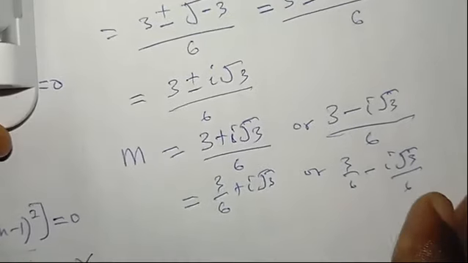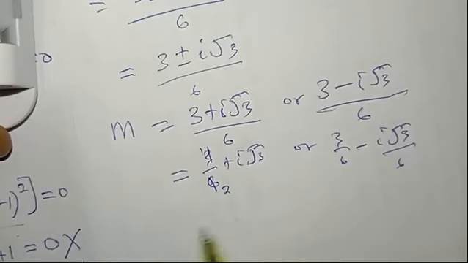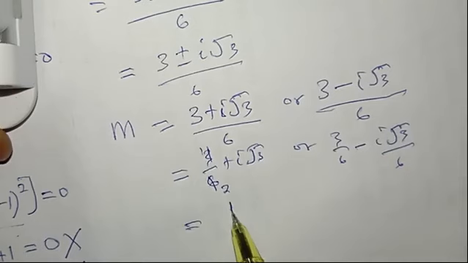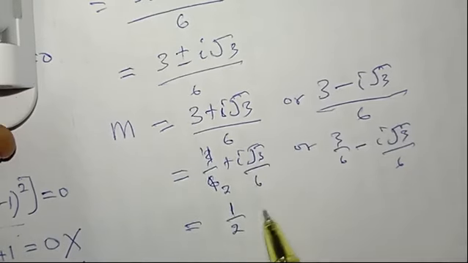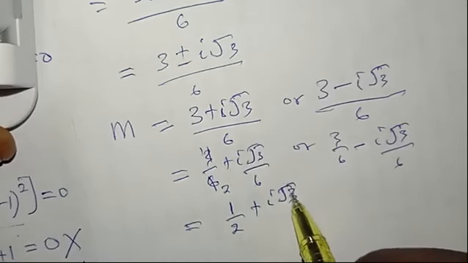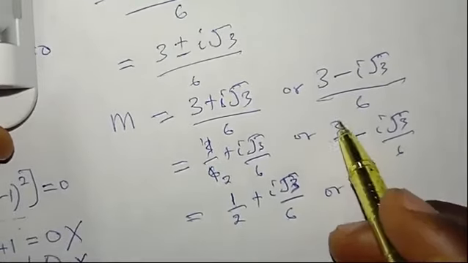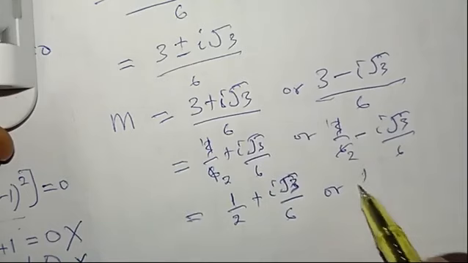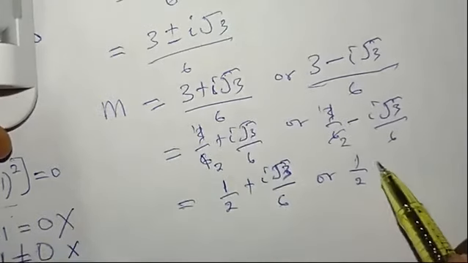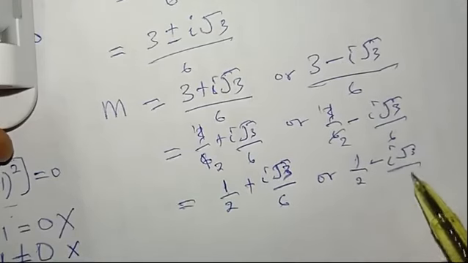So you can also divide 3 by 6 here, which gives us that m eventually becomes 1 over 2 plus i root 3 over 6, or 1 over 2 minus i root 3 over 6.